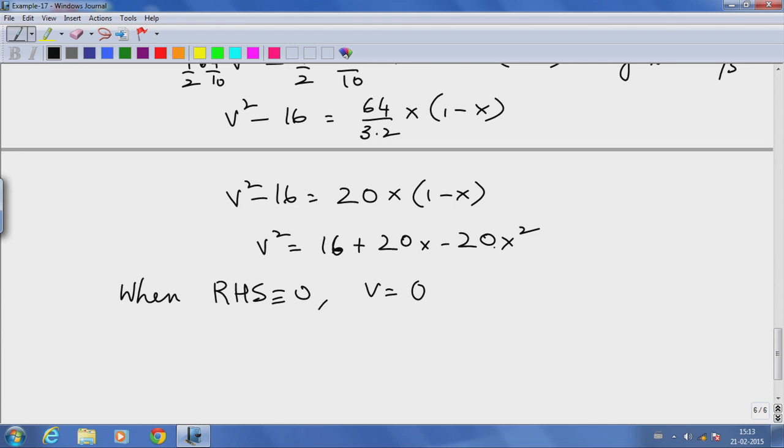Okay. So, essentially what we find is that if I plot the velocity as a function of x, it takes on a value of 4 at x equal to 0, and at x equal to 1.